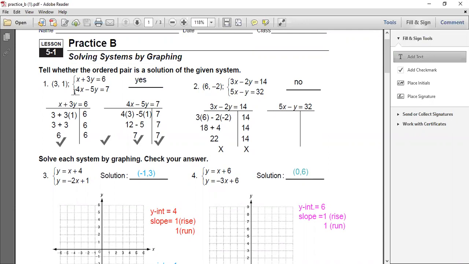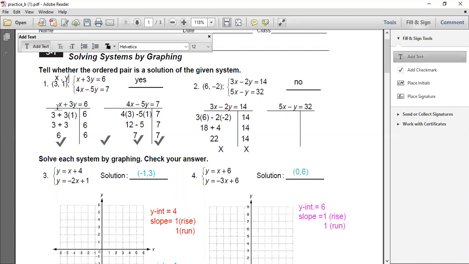For question number 1, we have to say whether the ordered pair is a solution of the given system. The tables were given, so you only needed to substitute the values. In place of x plus 3y equals 6, the x is 3, as the value of x was given first, and y is 1.